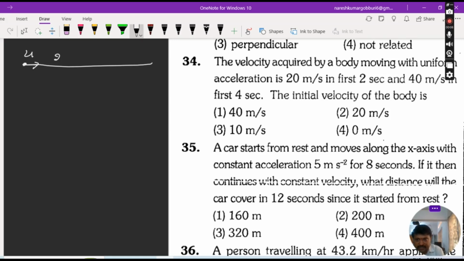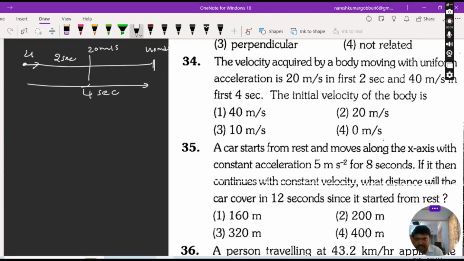After 2 seconds, its velocity is 20 meter per second. In the next 2 seconds, but if you consider from the starting point, it is the first 4 seconds, so in the first 4 seconds it attained a velocity of 40 meter per second.